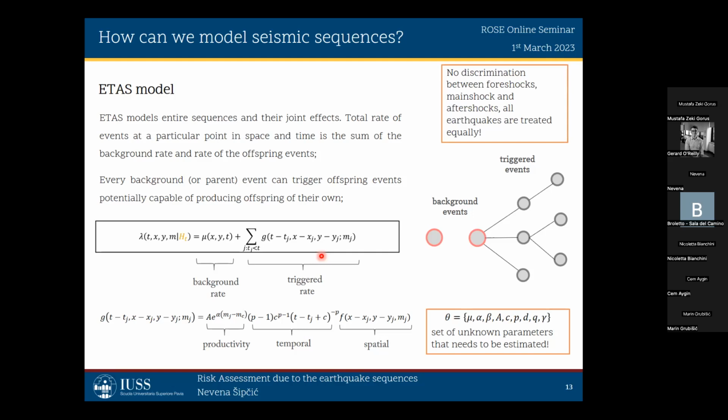We start from the background events, and then on these background events, we add the triggered events. Also, if there are seismologists here, the background events in this case do not mean, as they usually mean in seismology, the events that are not associated to any fault. It basically means the events that are tectonically driven, so they are not caused by other events.